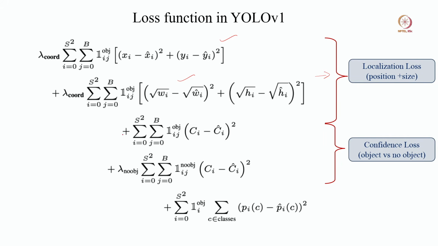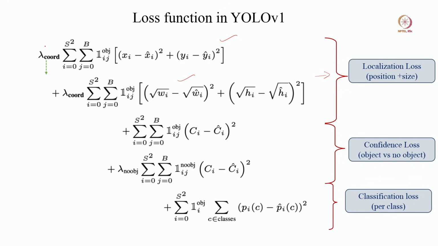And the third one is the classification loss per class. If the model is not predicting the class properly, we get a loss from here. Now, we will look one by one at what these symbols and terms are.